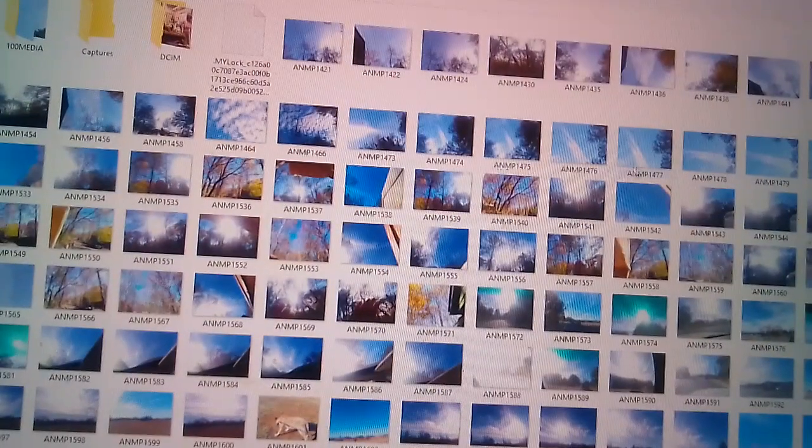1441. Okay, see, I'm watching, here's a chemtrail here, and all this is the same, 1441.